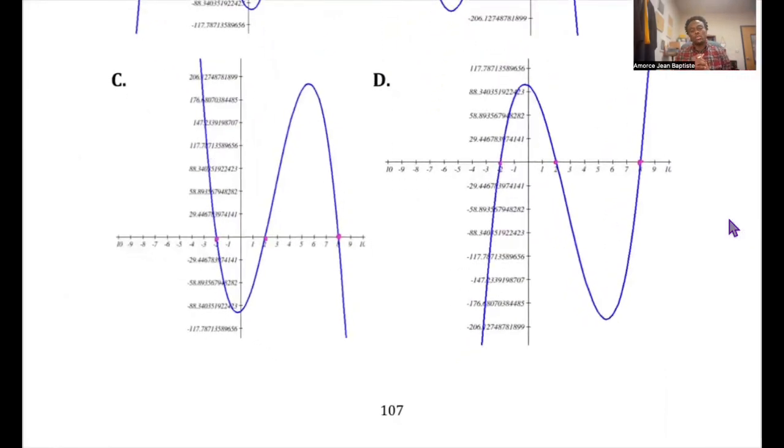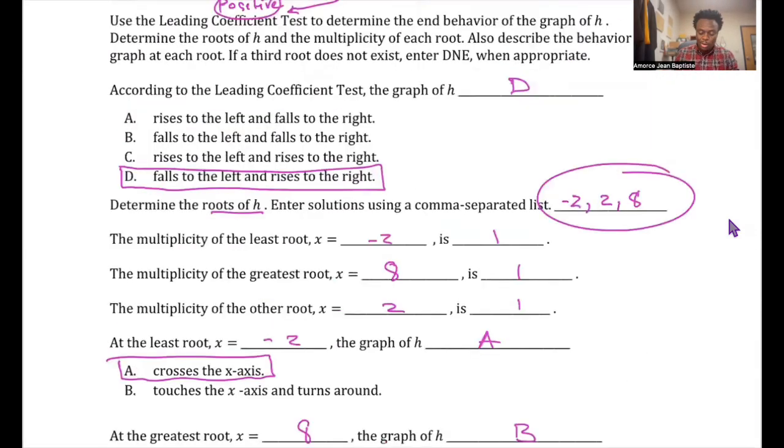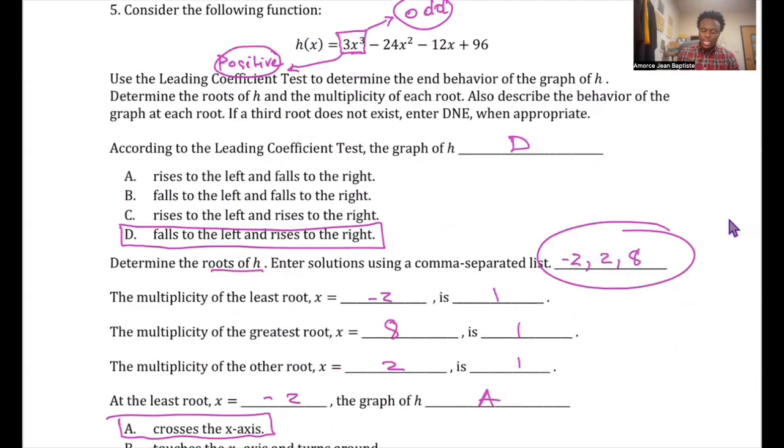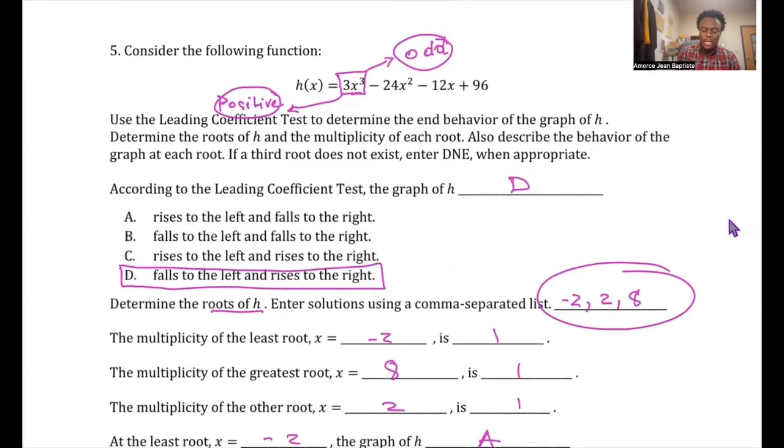Now, how do we know which one? Well, we can look at the end behavior. What was the end behavior? The end behavior earlier, we decided based on the fact that we had odd degree and positive coefficient, the graph of h of x will fall on the left and then rise on the right.